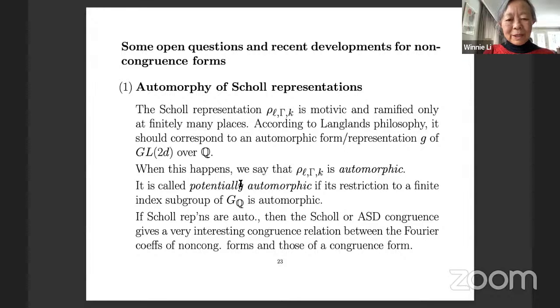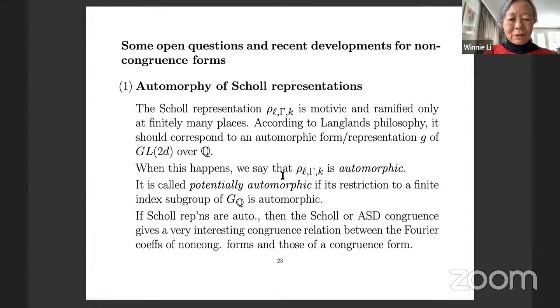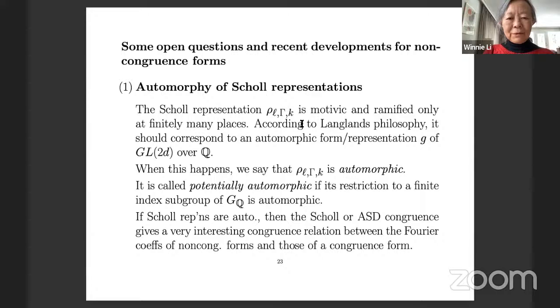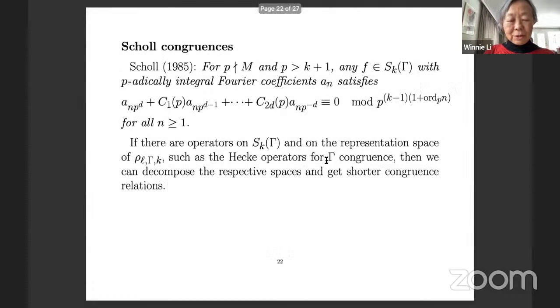Then we say it's potentially automorphic if its restriction to a finite index subgroup is automorphic, as we saw before. If Scholl representations are automorphic, then the congruence relations that we saw before give us very interesting congruence relations between the Fourier coefficients of non-congruence forms and the Fourier coefficients of congruence forms, just like what we saw for elliptic curves.